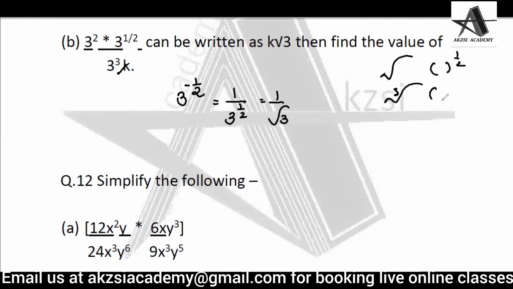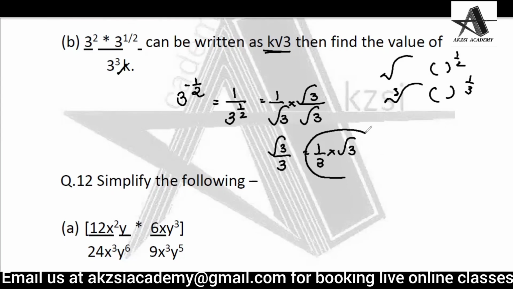Cube root is 1 by 3. Now we need to rationalize it because it should be in the form of k root 3. Root is in the denominator, so multiply by root 3 and divide by root 3 in order to make the denominator an integer. So root 3 by 3, or this can be written as 1 by 3 into root 3. Clearly it's in the format of k root 3 where k is 1 by 3. So k is equal to 1 by 3.